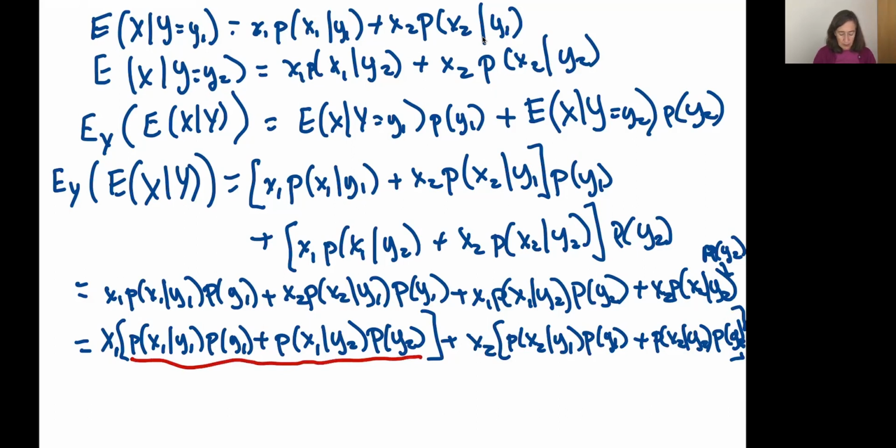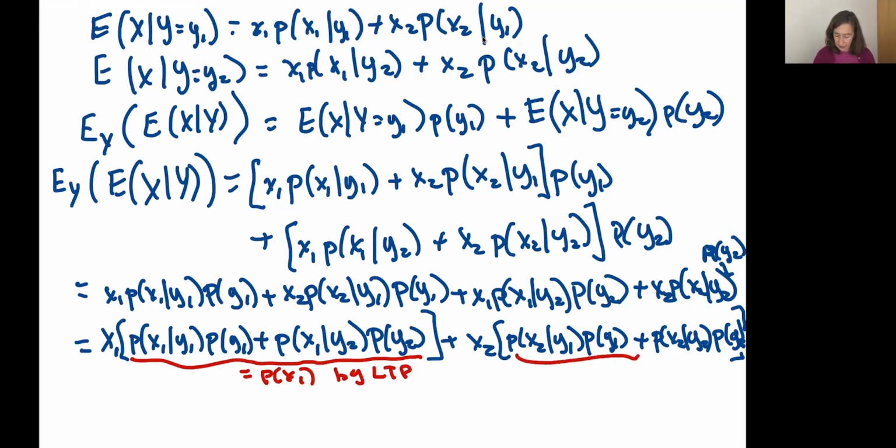Probability of x1 conditional on y1 times the probability that happens, plus the probability of x1 conditional on the only other possible value of y times the probability that happens. The law of total probability tells us that this equals the probability of x1, by our old friend, the law of total probability. Divide and conquer rule for probabilities. Another one of those divide and conquer rules. And indeed, the law of iterated expectations is kind of also a divide and conquer rule.